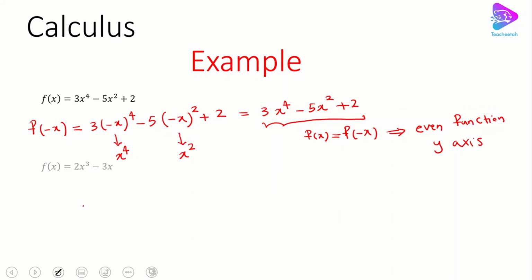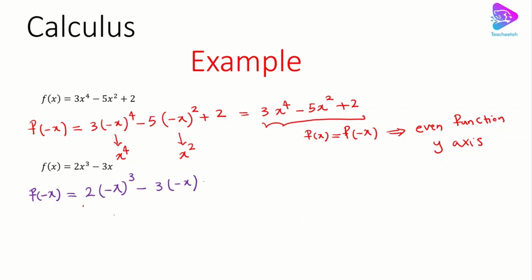Let's look at the second example that we have here. The second example is 2x cubed minus 3x, and we have to apply the same rule and the same scenario. Basically, instead of x we just plug in minus x, therefore we would have f of minus x, and this is going to be 2 times minus x cubed minus 3 times minus x.